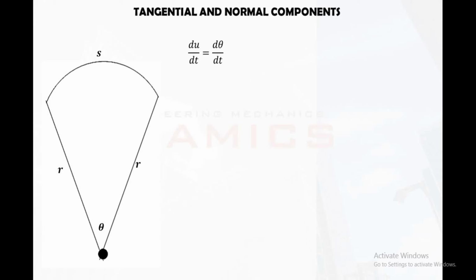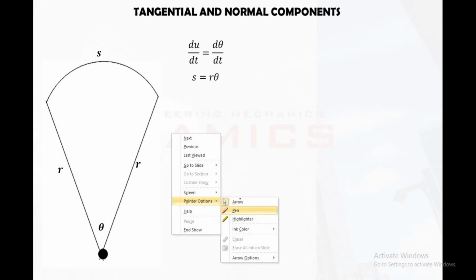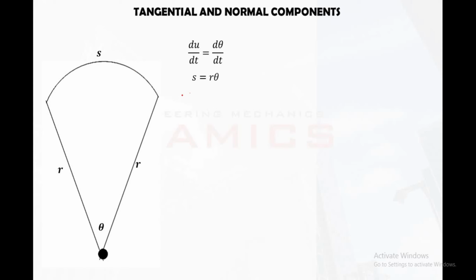And we have learned in geometry that the length of the arc is equal to the radius multiplied by your angle. Now, if we try to take the derivative of your s with respect to time, kinuha ko yung derivative dito sa may left side, kunin ko rin yung derivative sa may right side.